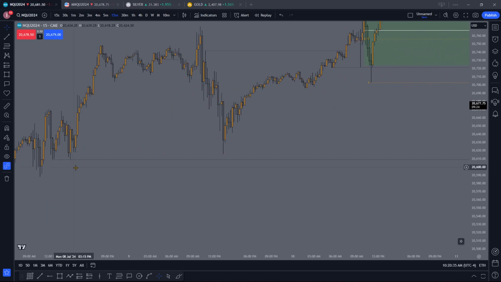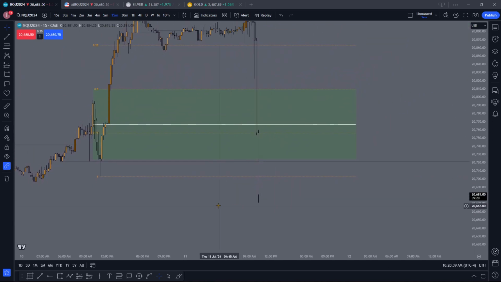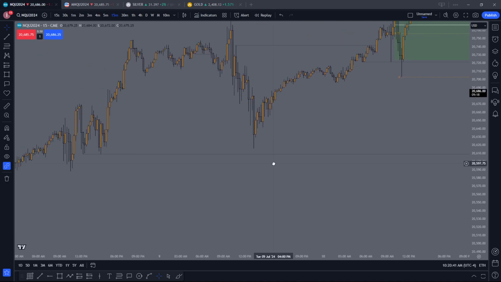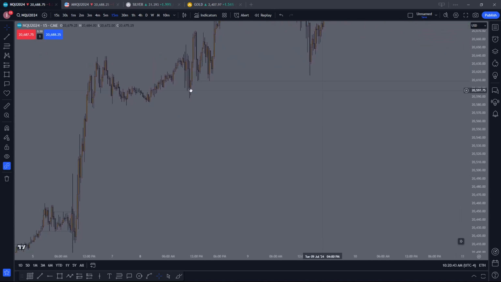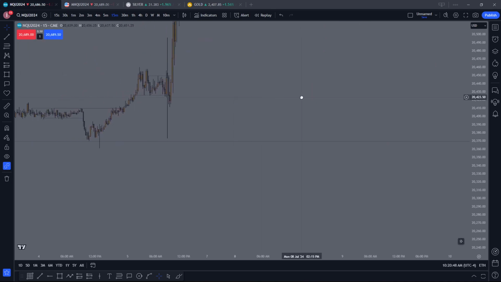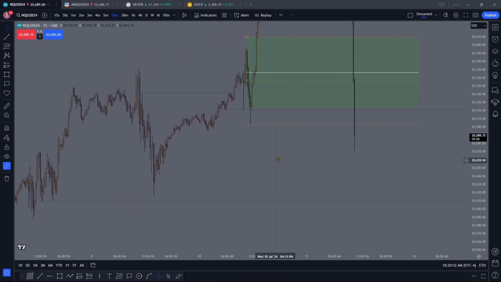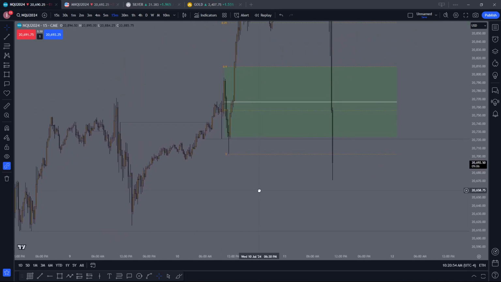So there's equal lows here, which if we're going to continue lower, we might reach into. And yeah, that's the only level of equal lows, higher time frame, that we have any interest in.